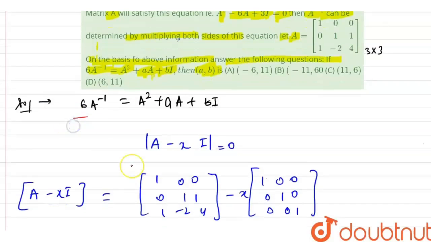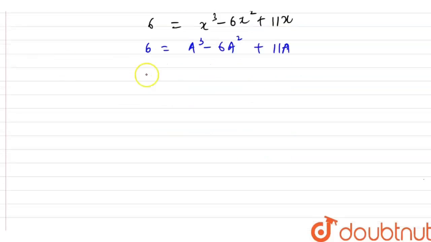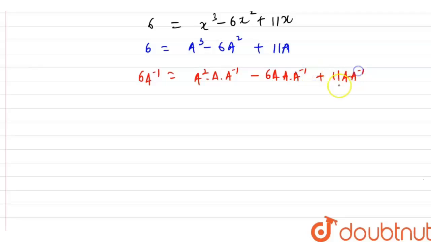Okay, so on multiplying A inverse both sides, it will be 6A inverse equals A cube A inverse, I can write this as A square into A inverse, minus 6 into A inverse, plus 11 into A inverse.